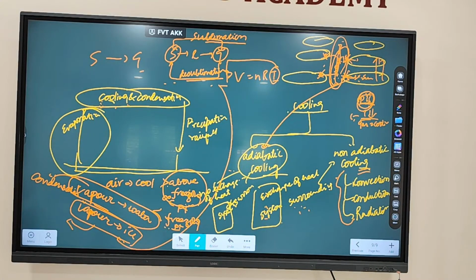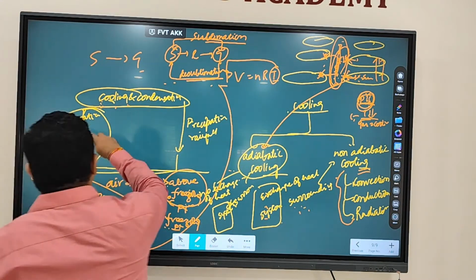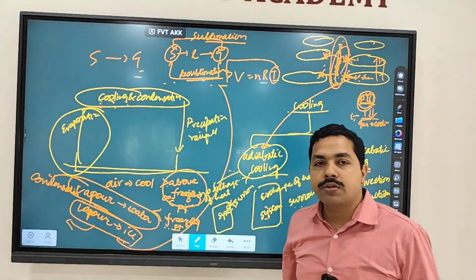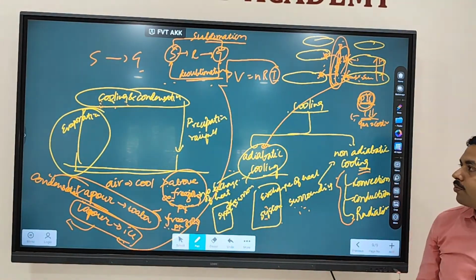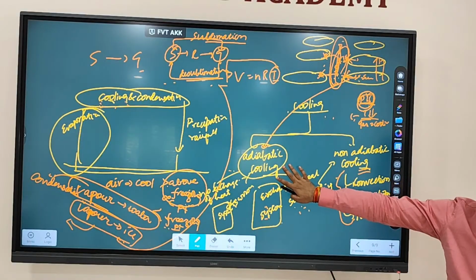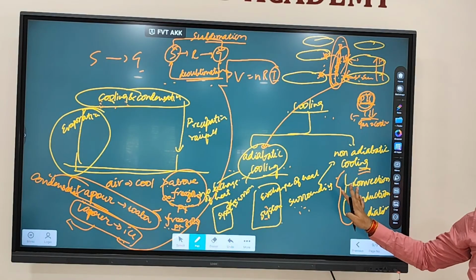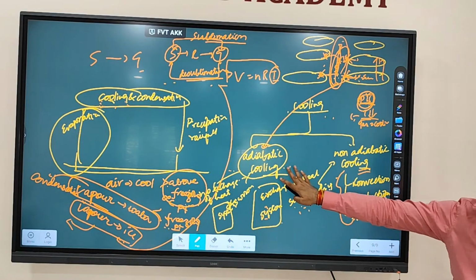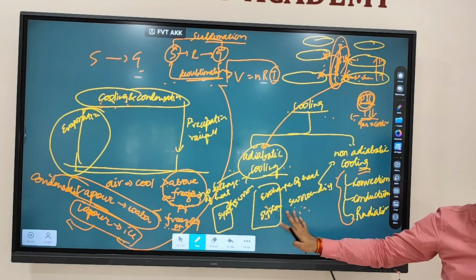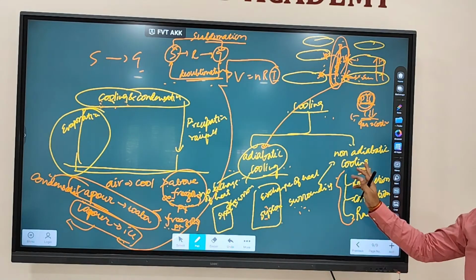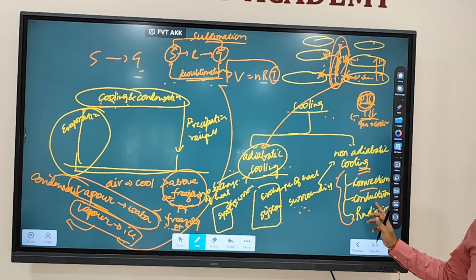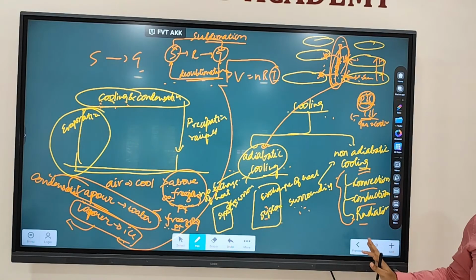So remember that after evaporation, cooling and condensation processes come. Air can cool either adiabatically or non-adiabatically. When cooling adiabatically, no exchange of heat happens between system and surrounding. When cooling non-adiabatically, you'll see convection, conduction, radiation, all these processes occurring.